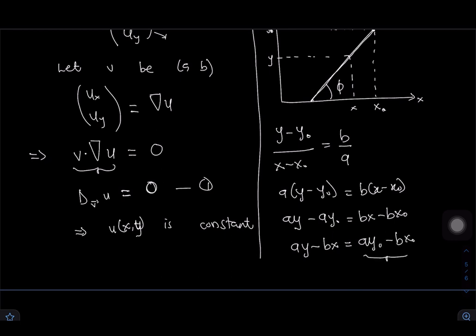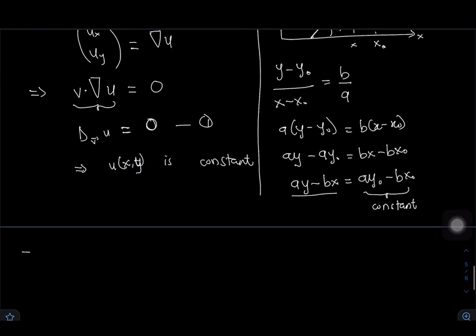Now what is this? This is a constant. So this means that the combination of x and y which will always yield a constant is ay minus bx. So it implies that u(x, y) is going to be a function of this combination of x and y, which is always a constant, and that constant is ay minus bx.